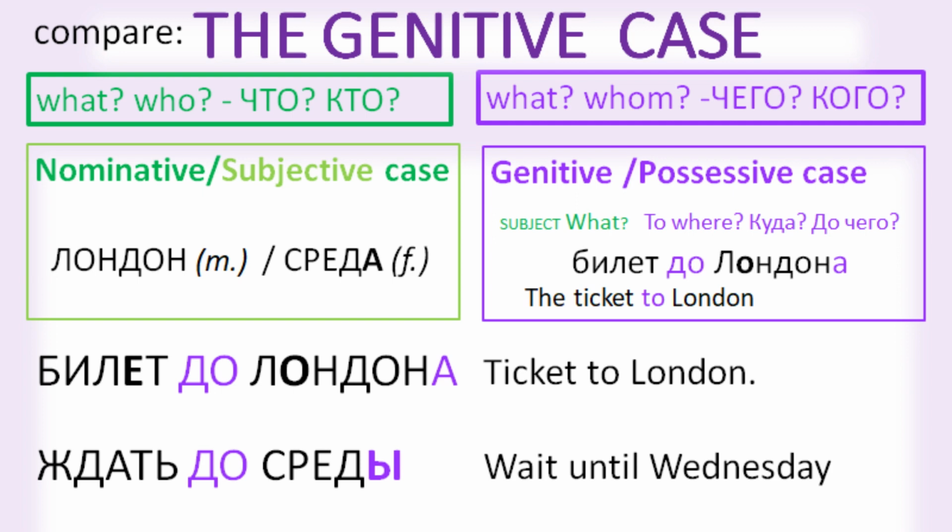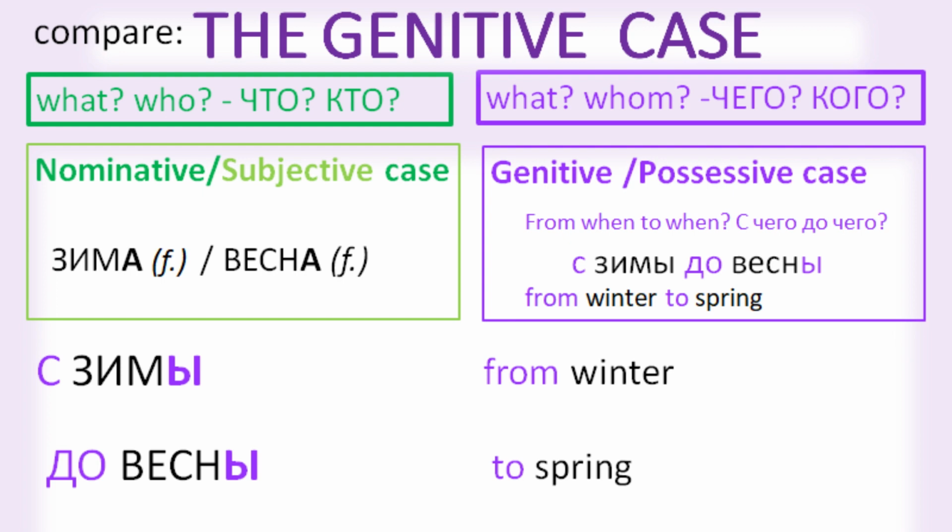Ждать до среды. Wait until Wednesday. До чего? Until when? До среды. Until Wednesday. С зимы до весны. From winter to spring. С чего?